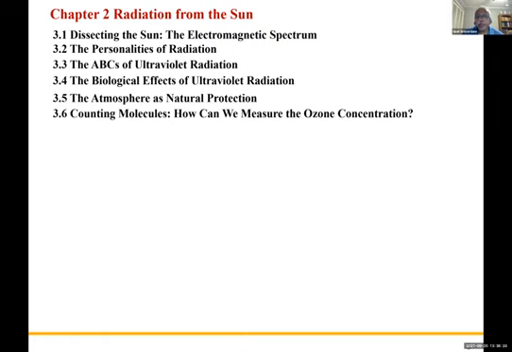So we have to know how to count molecules and measure ozone concentration in the atmosphere. We're going to discuss how to measure the concentration of ozone. We're also going to look into the ways that UV light can decompose ozone in the stratosphere.